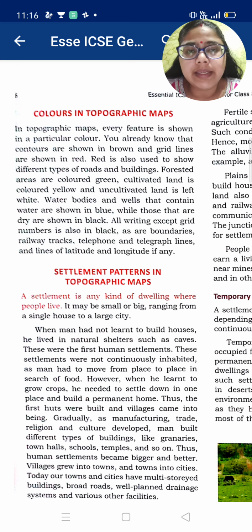Now all writings, all written things except the grid, are also shown in black color, as are boundaries, railway tracks, telephone and telegraph lines. And the lines of latitude and longitude, if there are any, are also shown in black color.